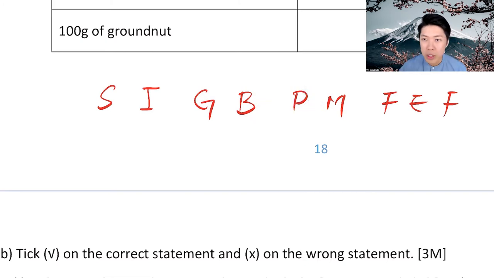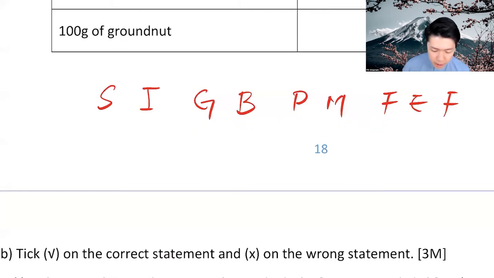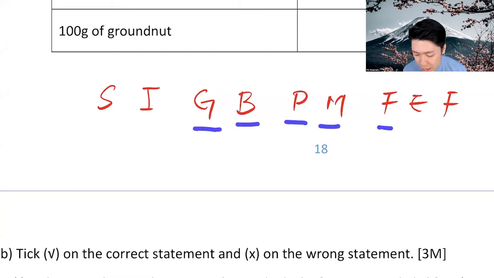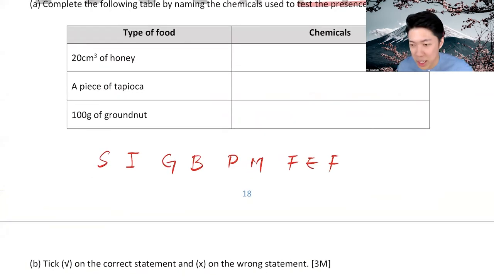So again, Sarah immediately give Ben plenty money for eating food. Starch, iodine, glucose, Benedict, protein, Millon's reagent, fats, emulsion test, which is alcohol test, by the way, and F stands for filter paper. Hopefully you get the acronyms, so then it's easier for questions like that.